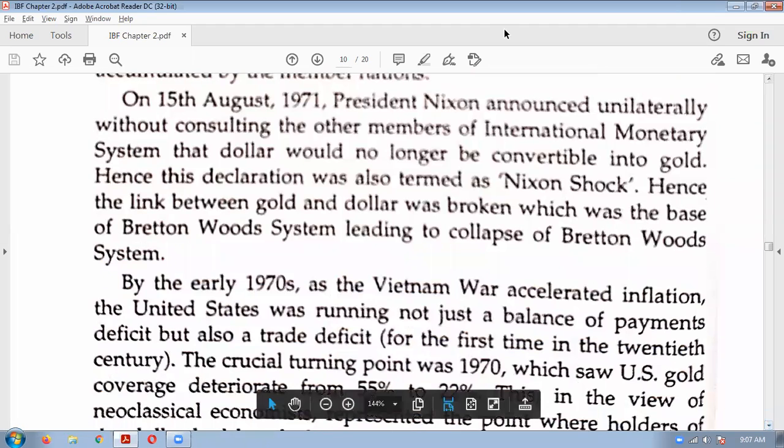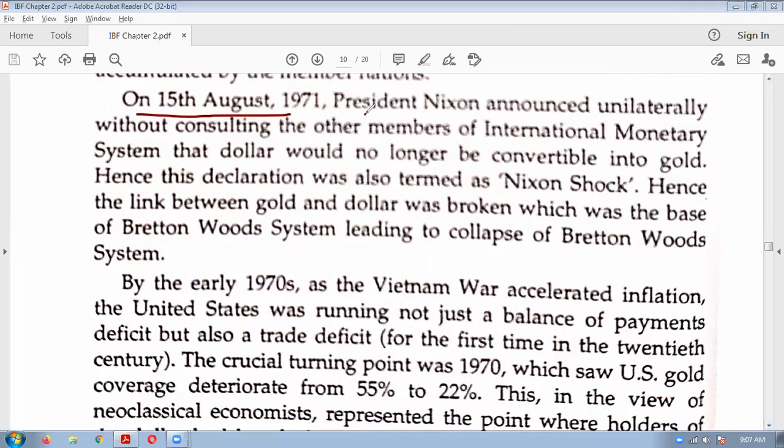So on 15th August 1971, President Nixon announced unilaterally, without consulting the member nations, that the dollar would no longer be convertible into gold. We know 44 members were there at the Bretton Woods Conference of the international monetary system.